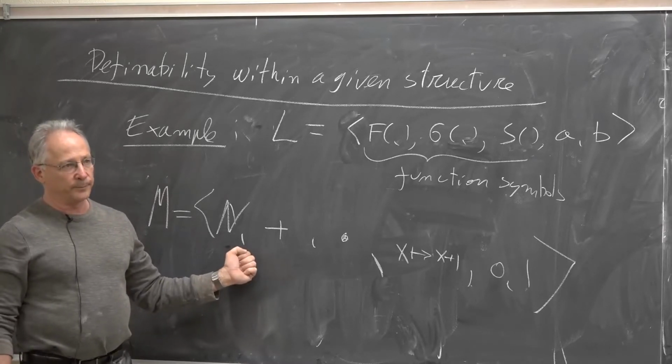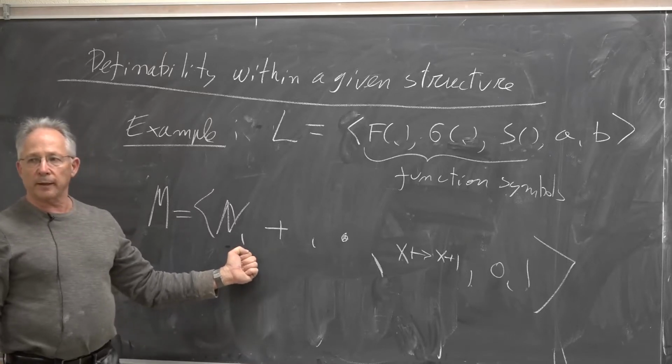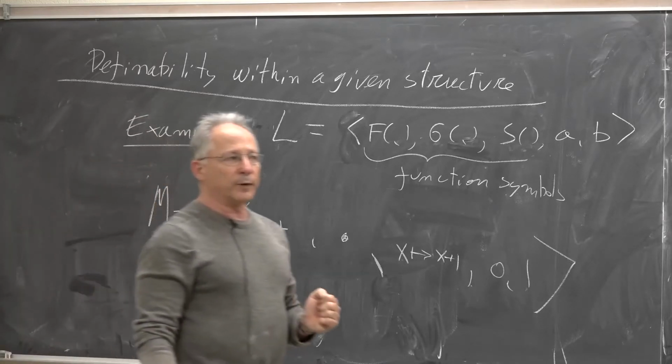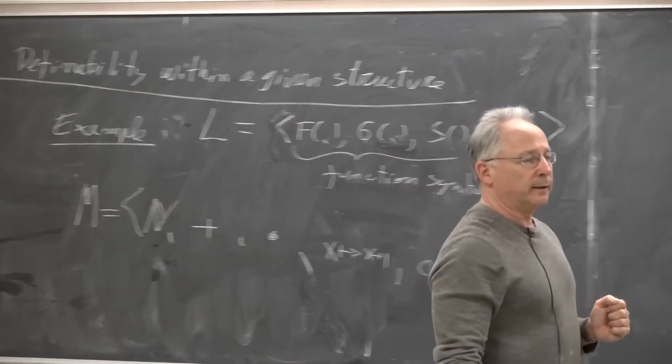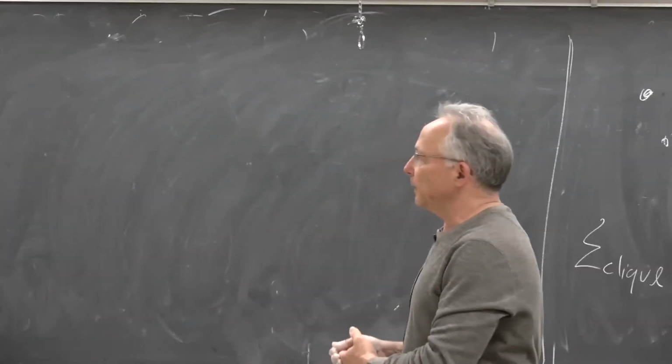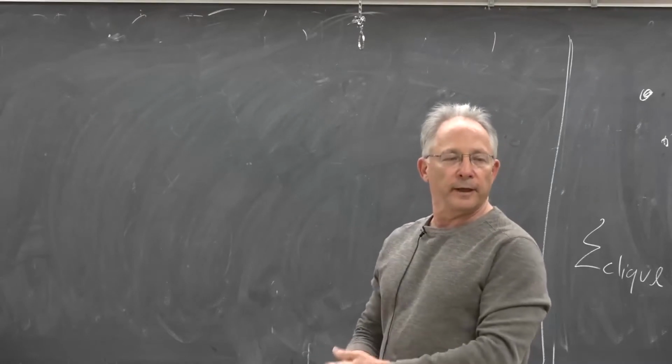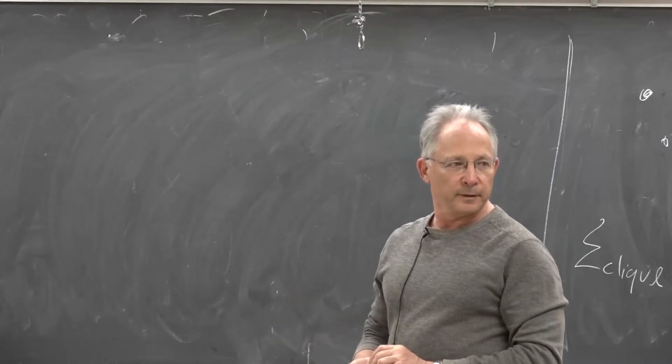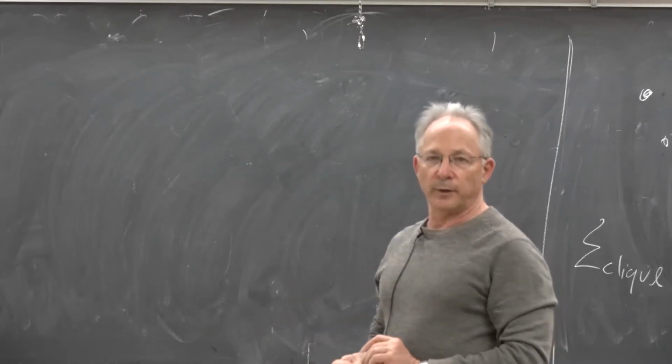We fix the structure. Now that we fix the structure, I can ask, can I write a formula such that it will hold only for the even numbers? So this is definability within a structure.